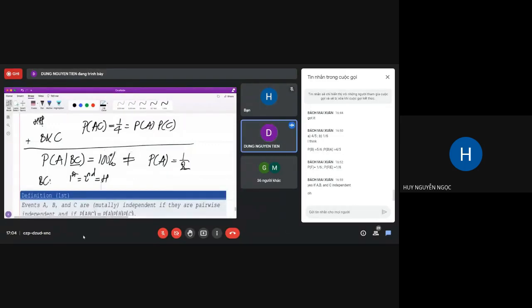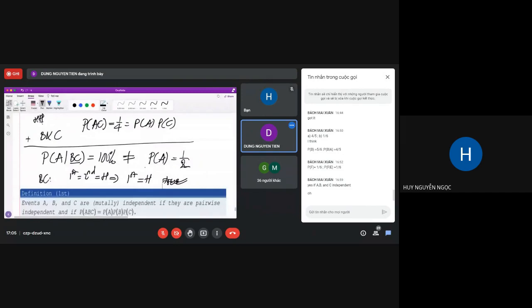So from here, you can conclude that the first must be a head. Am I right? Yes. So the probability that the first one is a head is 100%. It is always true. So if you have no information, it is 50%. But if you know that BC occurs, then A must occur. That's why the probability is 100%, and you see that they are different.